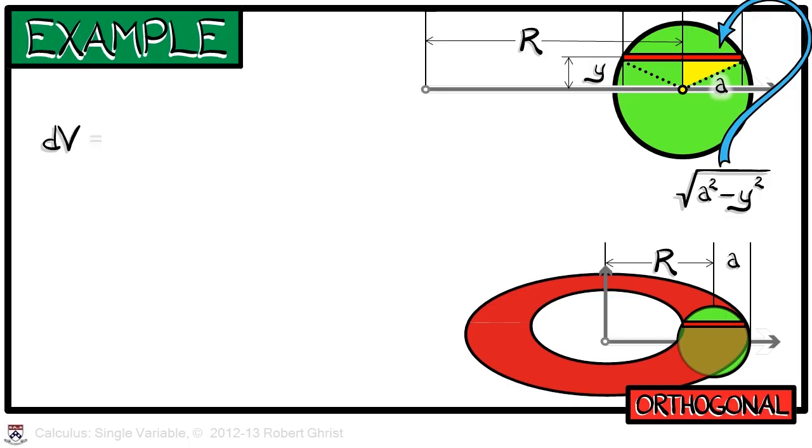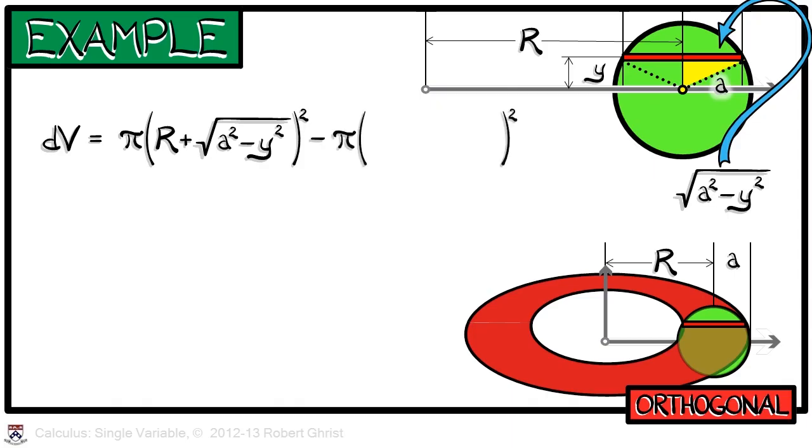That means what? Well, the volume element is going to be the volume of the thickened outer disk. That is pi times quantity capital R plus the square root of a squared minus y squared, squared. We have to subtract the volume of the inner disk.